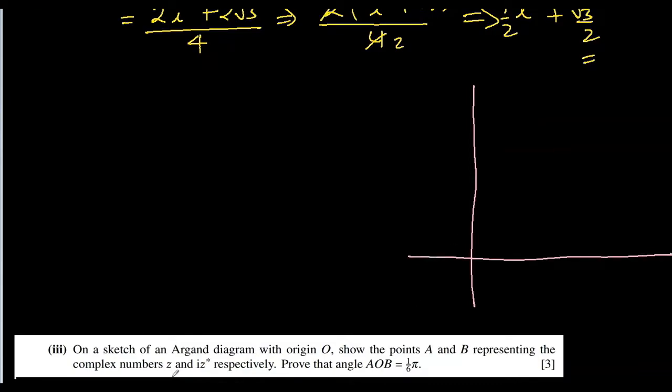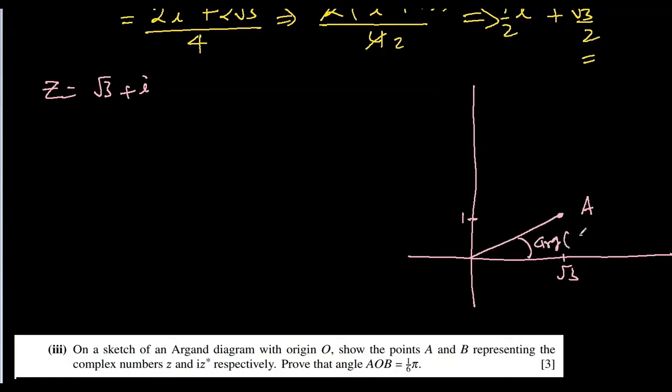Okay, so complex number z first. So z was, let me write again, z was square root 3 plus i. So square root 3 plus i, let's say this is square root 3 and this is 1, so this is A. This will be the argument of z.